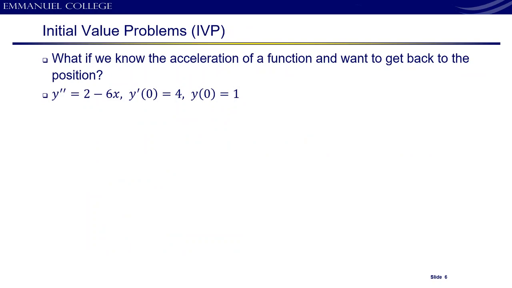So you have y double prime is equal to 2 minus 6x. y prime of 0 is 4, and y of 0 is 1. So what you can think about this is the acceleration, or sorry, this is the velocity. And this is your position. And you're starting with your acceleration.